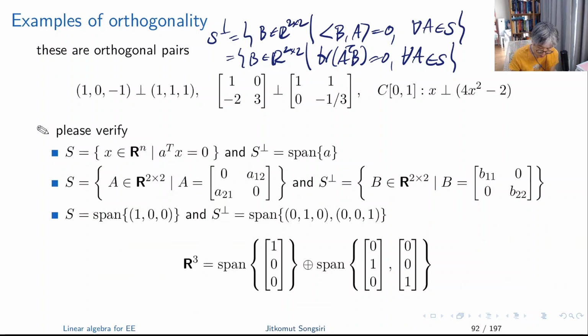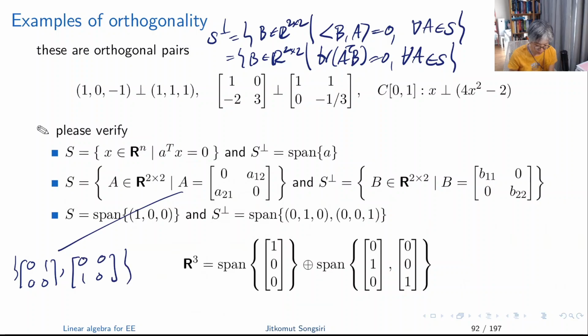Now again, what you can do is first take a general form of A, or you can think of it this way: I can first find a basis for S. From this example, it's obvious that the two basis vectors are (0, 1; 0, 0) and (0, 0; 1, 0).